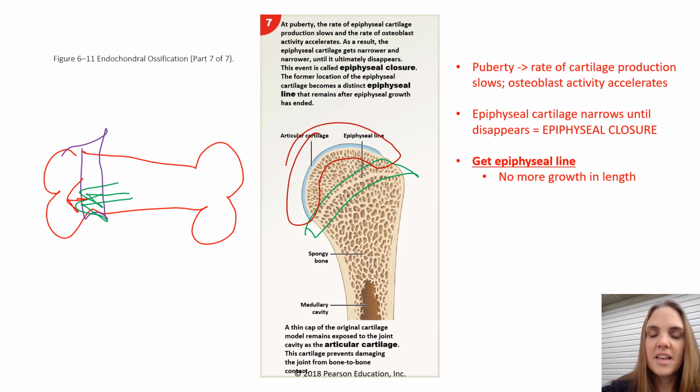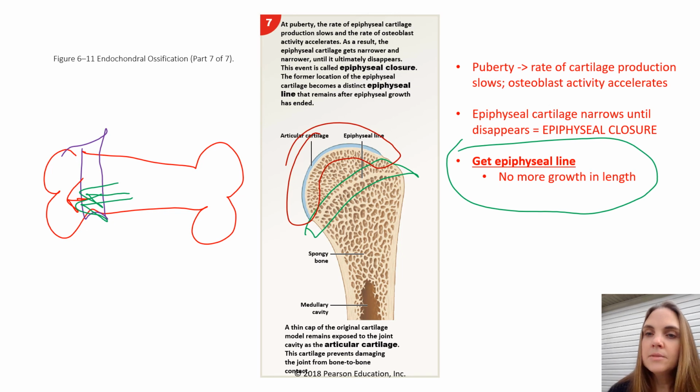So the big takeaway from this, if we see an epiphyseal line, we're not going to experience any more growth in length. We can't, because that growth plate has closed, and that happens at puberty or throughout puberty.